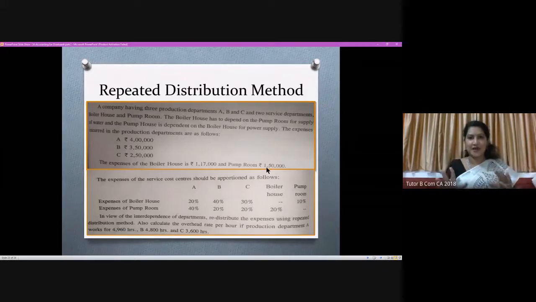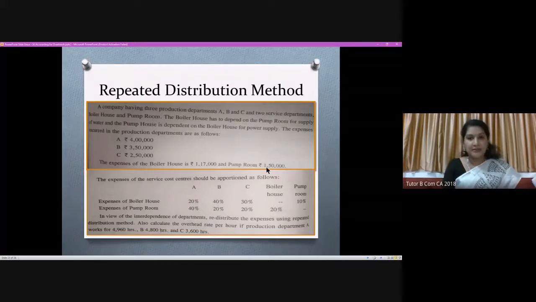That's where we stand. In this question, we are going to do it on the basis of the repeated distribution method. What is the difference between the previous method and this method? The previous method was the direct distribution method, and today we are going to learn the repeated distribution method.